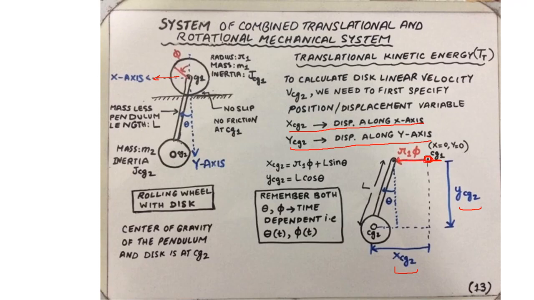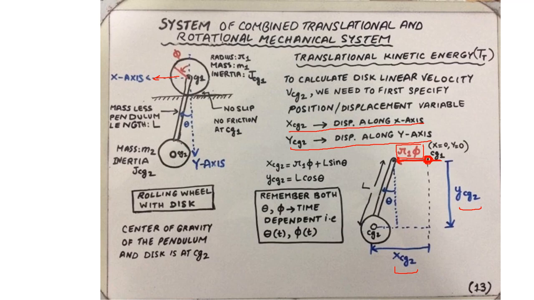So this dot represents the initial position of the center of gravity of the top wheel, which has now been displaced to the left hand side by an amount r1 phi, and this is along the x-axis.